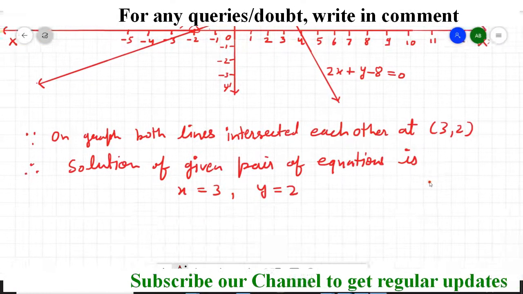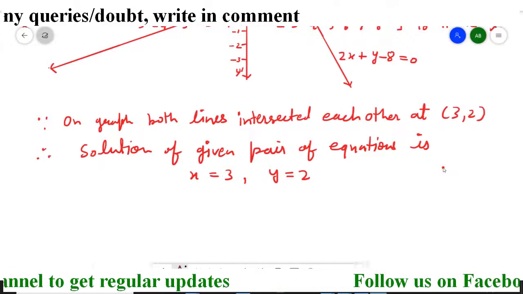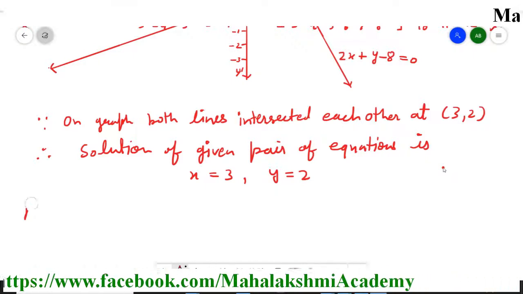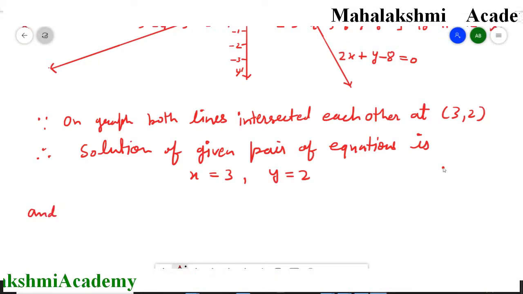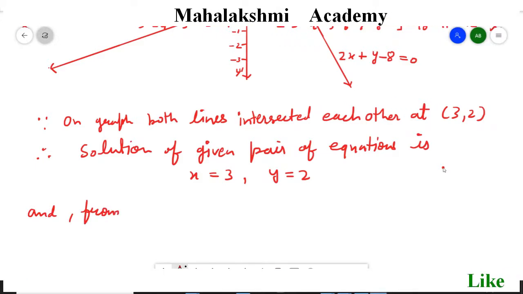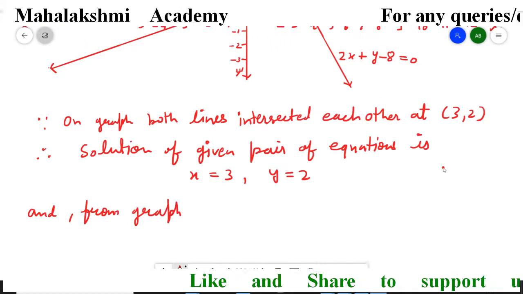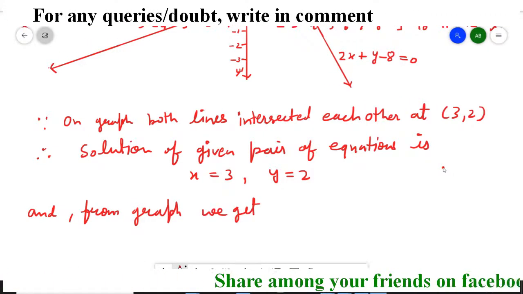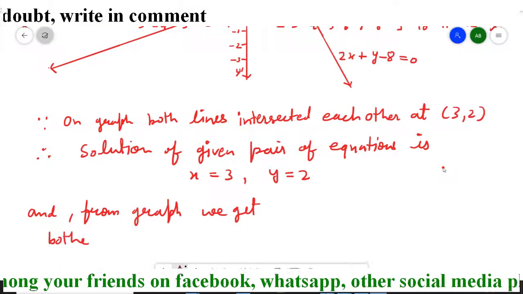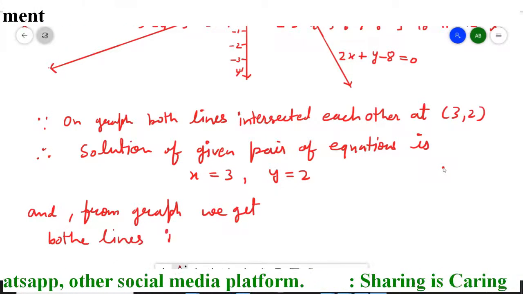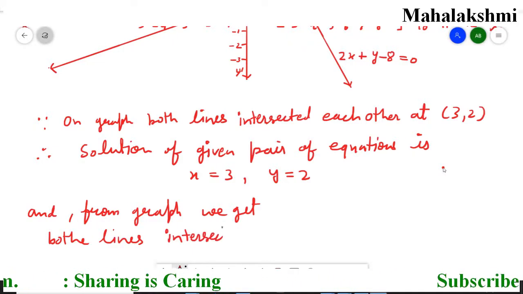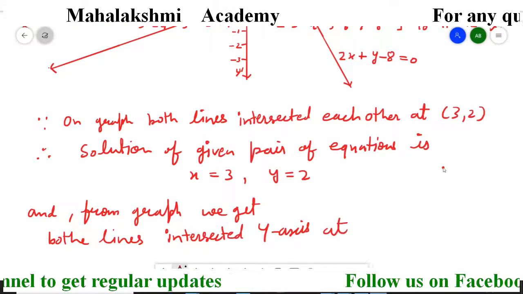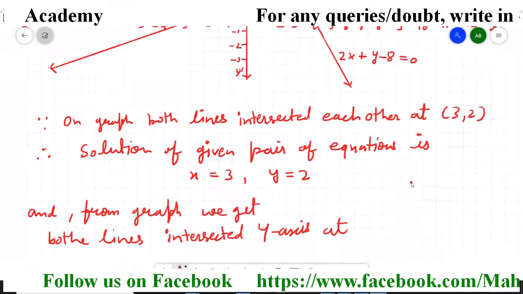Now one more answer we have to write down, that is the coordinate of the point where they intersected the y-axis. So we'll write down, from graph we get both lines intersected y-axis at, so we'll see the coordinate once again.